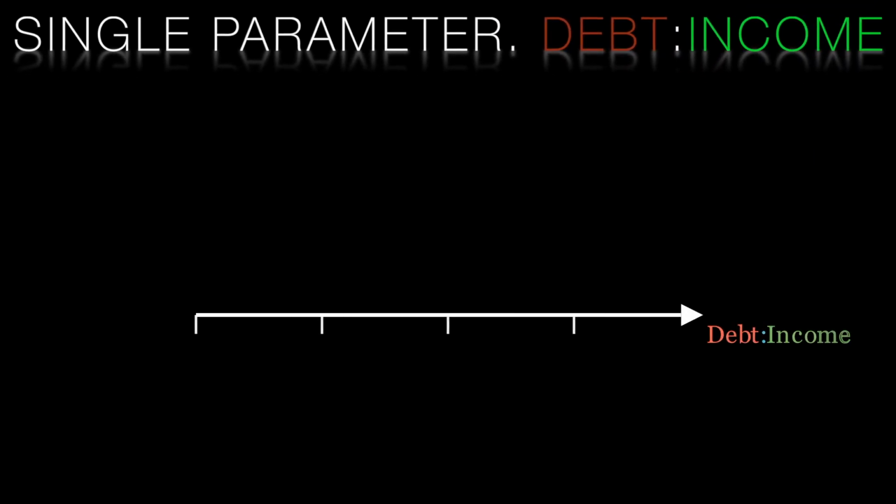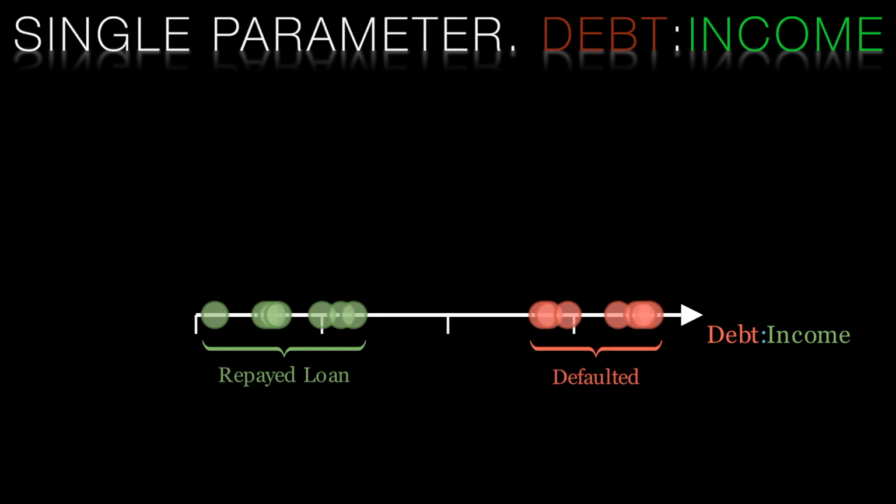We'll use debt-to-income ratio. It turns out that this is not a terrible predictor of loan default used simply on its own, but as you'd expect, we can and indeed do get far better classification results when we include more parameters.